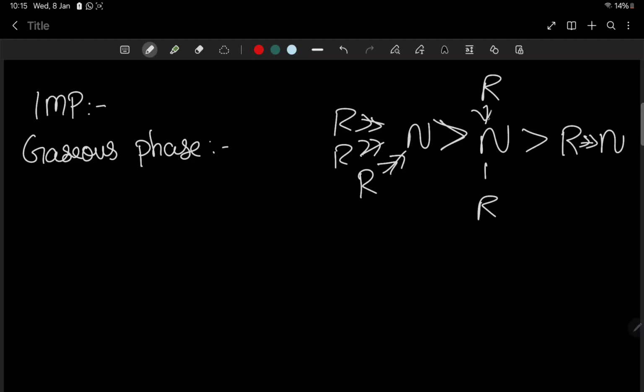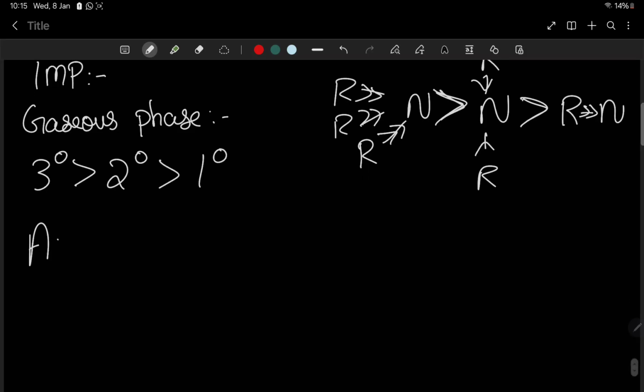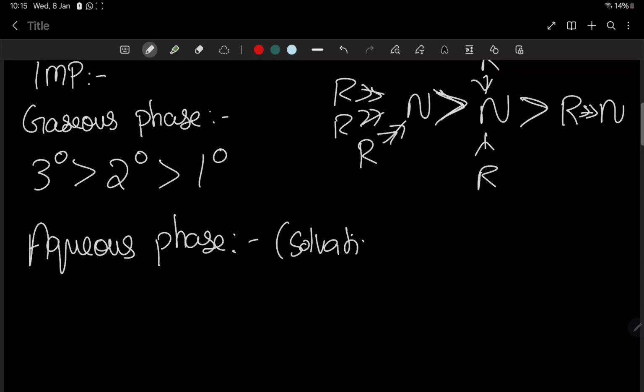Here only 1 +I, here 2 +I effect, here 3. So the most basic is tertiary, then secondary. So in the gaseous phase, the basic character order is tertiary, secondary, and primary. But in the aqueous phase it is different. The reason is the solvation effect.